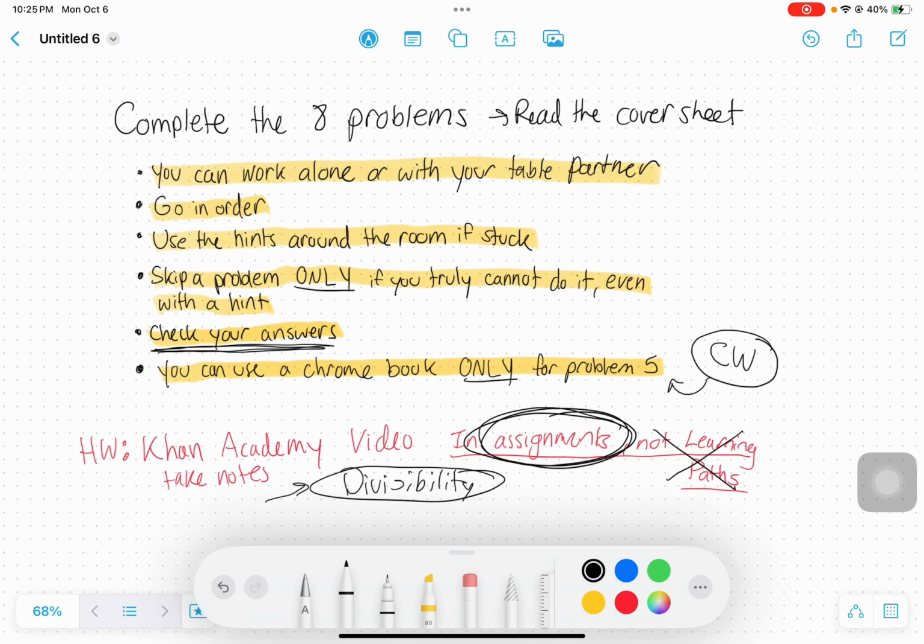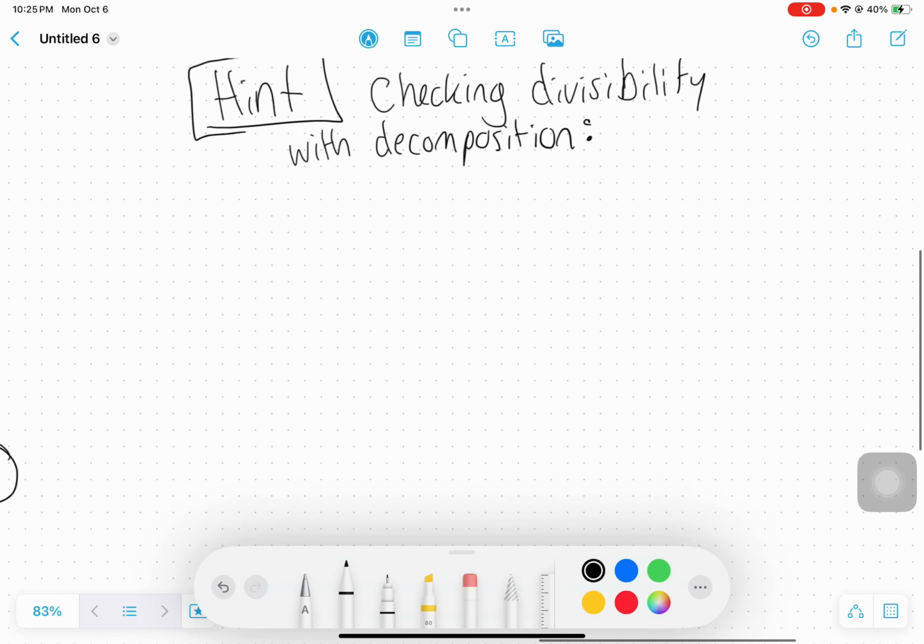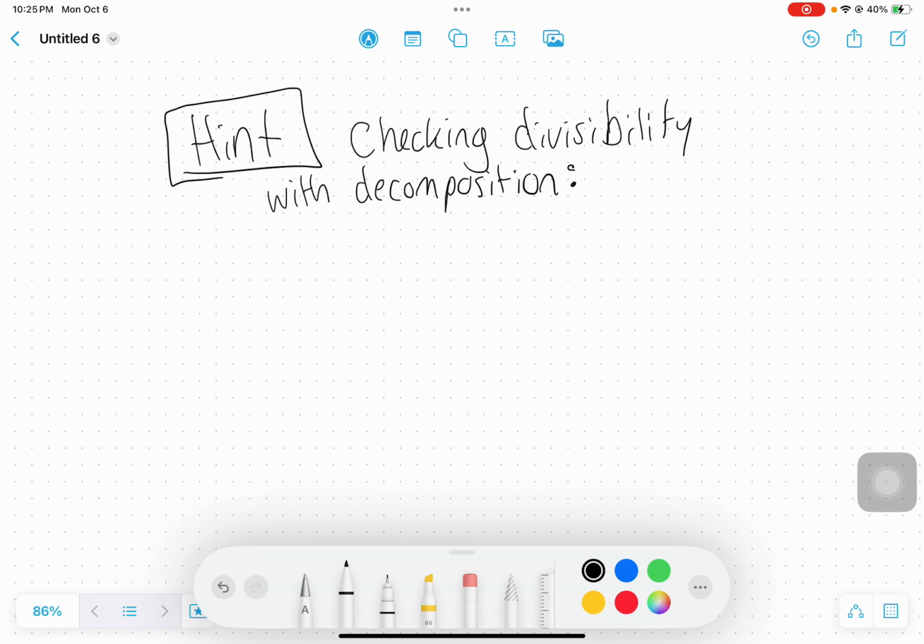And one final thing that might help you today, okay? A lot of the problems that you are going to be doing today deal with proving that divisibility works using decomposition, okay? So that means if I have pieces of a number and they are all divisible by something, this is divisible by 2.